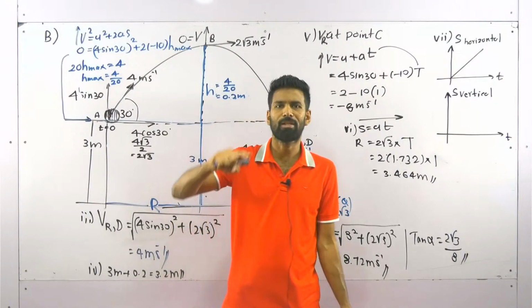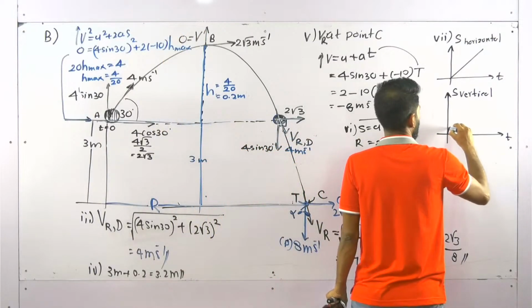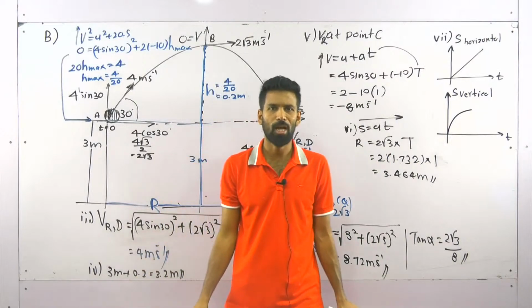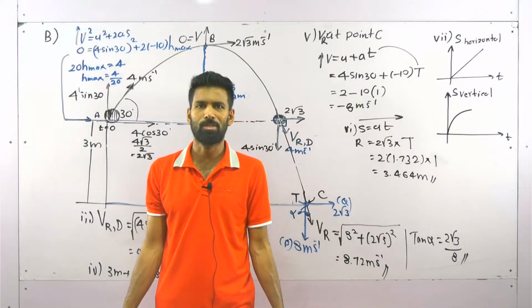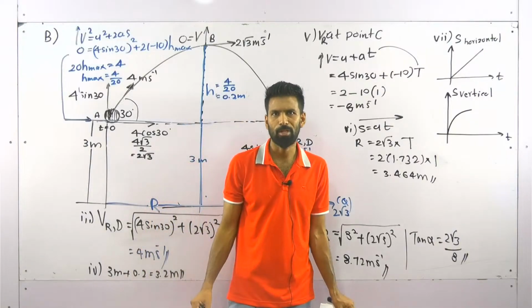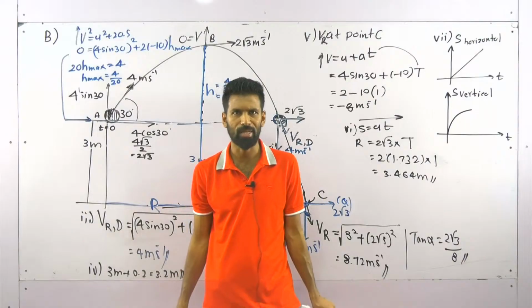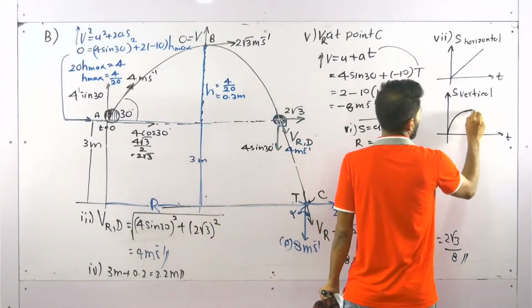Initially, velocity decreases until it reaches the highest point. Then, after the highest point, the object starts to move downward, so the downward velocity increases. The gradient will change sign as the velocity changes direction, and value-wise it will increase.